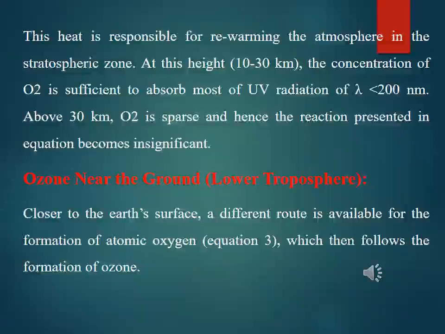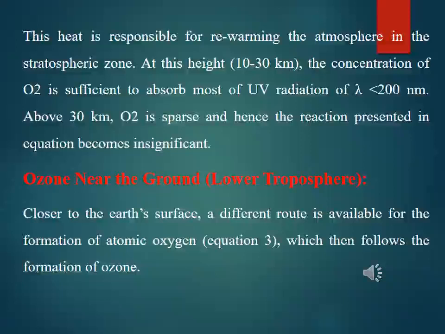Above 30 kilometer, oxygen is sparse, and hence the reaction presented in the equation which we have already discussed becomes insignificant. Now let's see the behavior of ozone near the ground level, or we can say that we are going to discuss the ozone in the lower tropospheric layer.